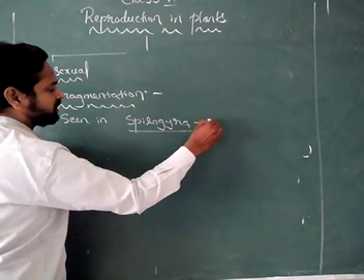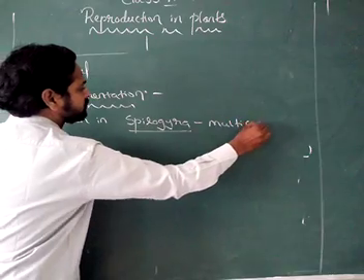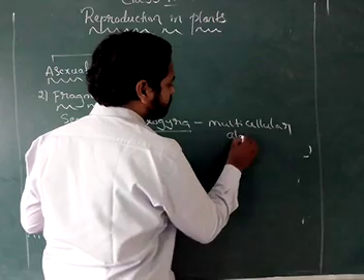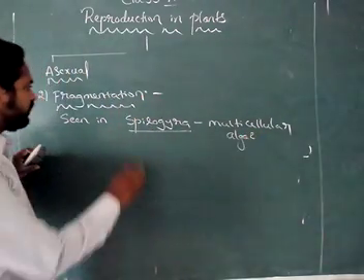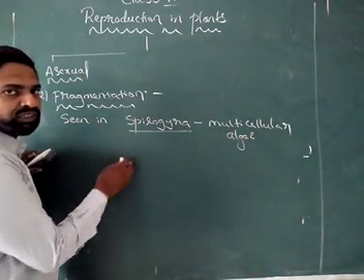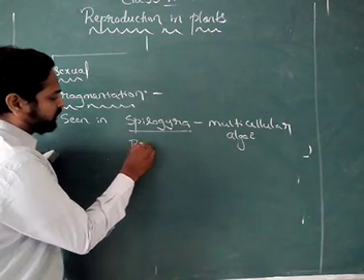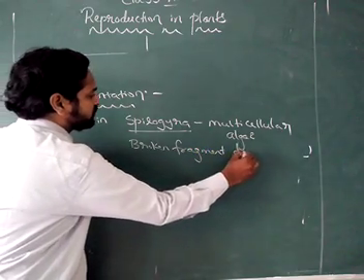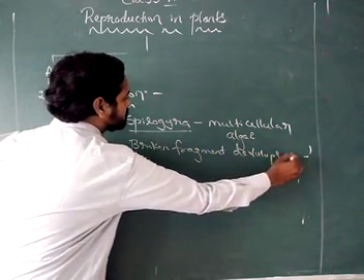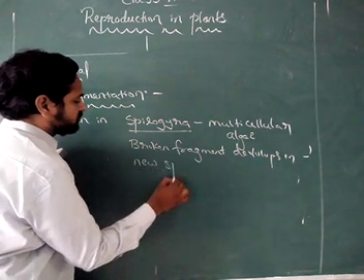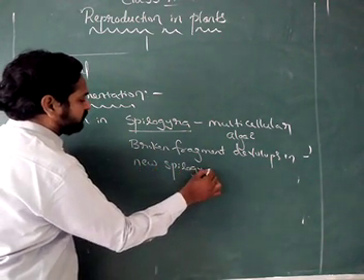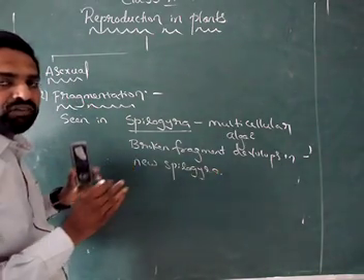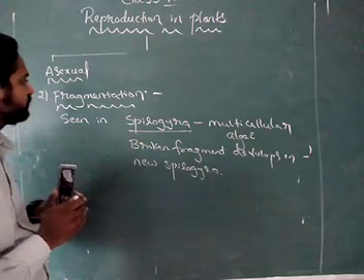The Spirogyra is multicellular algae, where the broken fragment develops into the new Spirogyra. That is called fragmentation. The broken fragments develop into the new Spirogyra.